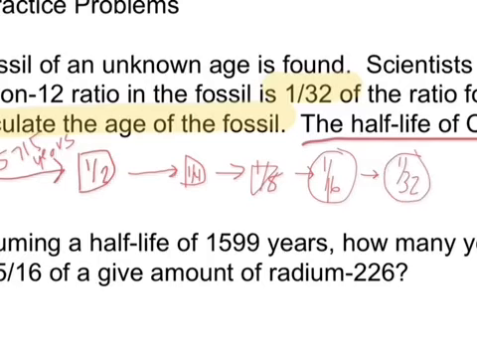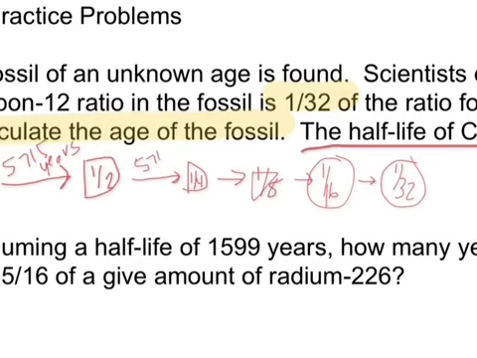So the question is, how old is this fossil? How long did this take to occur? If each one of these arrows represents 5,715 years, I can add each one of these up, or if I know a little bit of math, I've got 5 arrows here. I've gone through 5 half-lives.